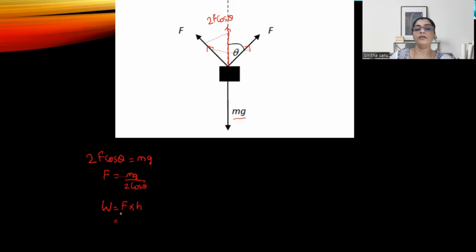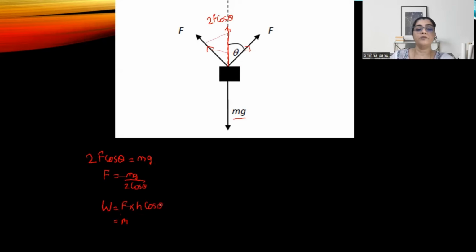Now apply what we have just derived. Replace F as mg over 2 cos theta. So work done is defined as force times displacement times cos theta.